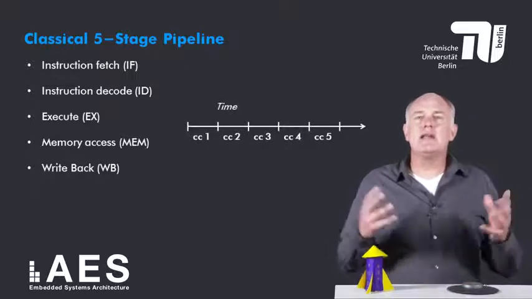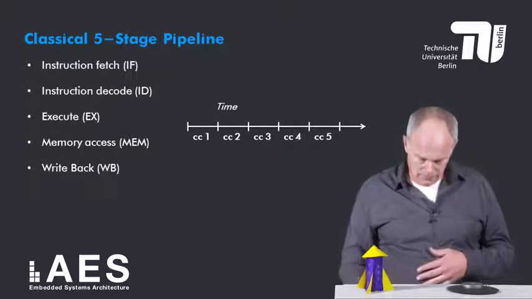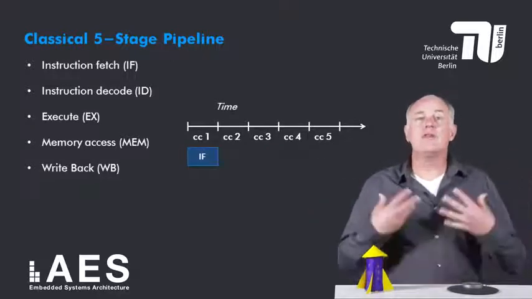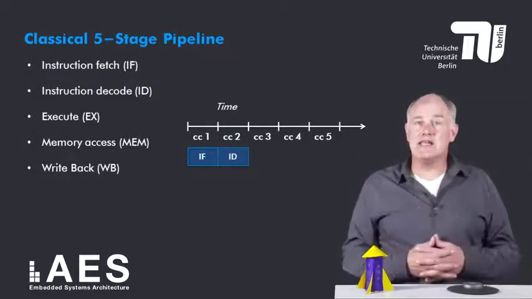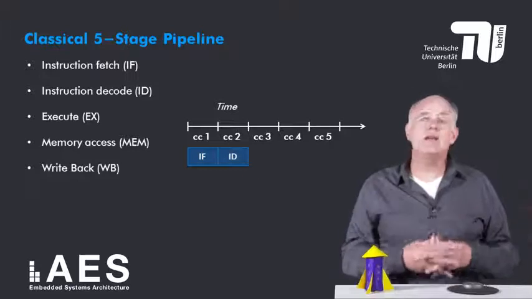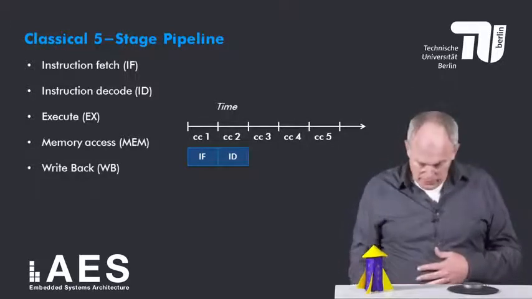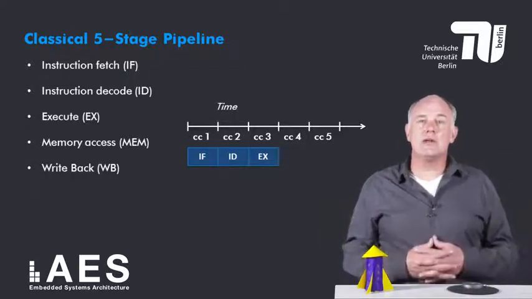Here's time divided into clock cycles, CC1, CC2, etc. In the first stage, corresponding to the first clock cycle, the instruction is fetched. In the second stage, it is decoded. As I just explained, in this stage, the register file is also read. In the third stage, the instruction is executed.